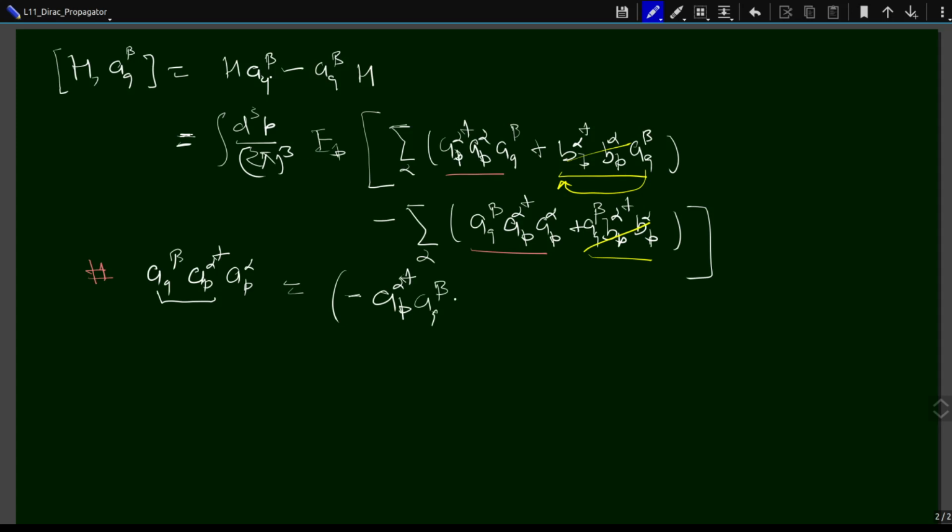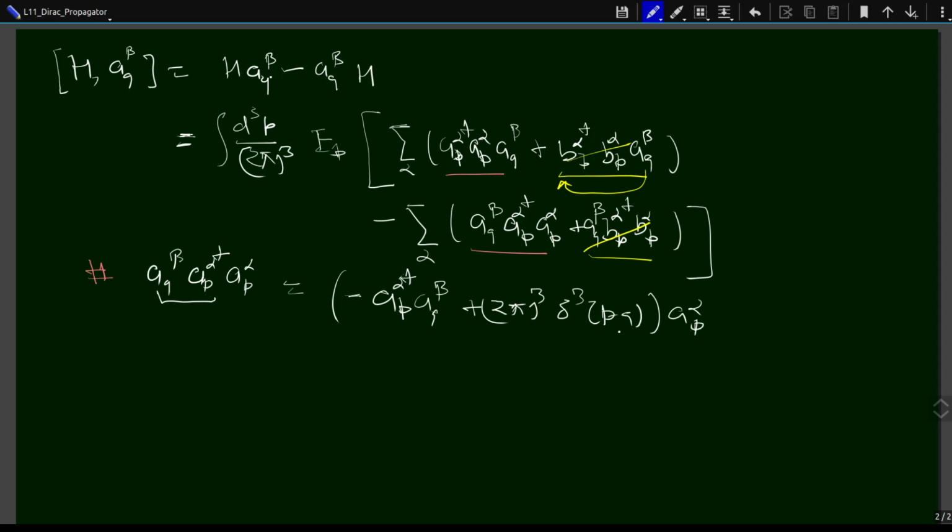This will be in a different order. Plus 2 pi cubed delta3 of p minus q. The whole thing is multiplied on the right-hand side by a_p^alpha, because I did not touch this guy, so this remains as it is.